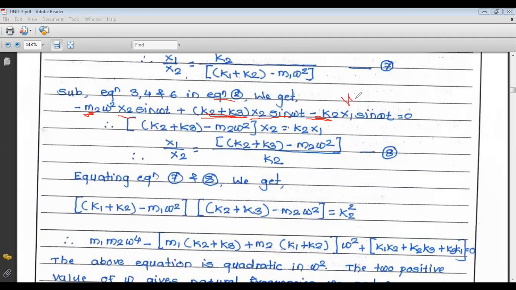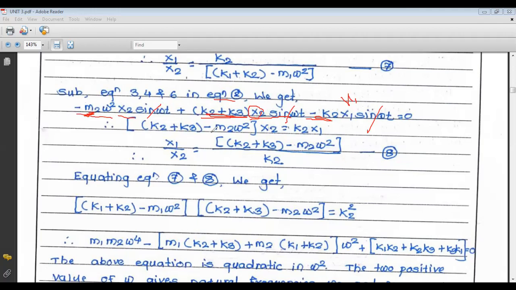What is the value of small x1? It is capital X1 sine of omega t. So again it equals 0, and sine omega t gets cancelled. So the remaining terms: there is a common term X2 in these two terms.